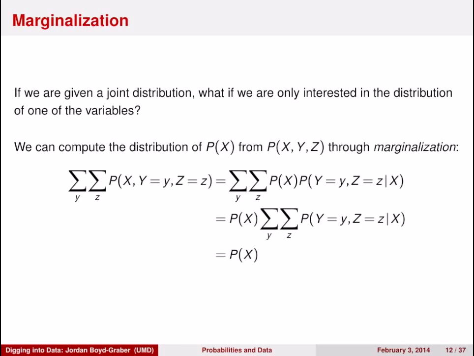For example, if you have a joint distribution of X, Y, and Z, and you only care about X, you have to sum over all of the possible outcomes of the random variables Y and Z to recover your distribution over the random variable X. This is clear with an example.